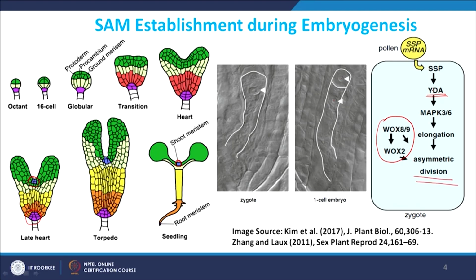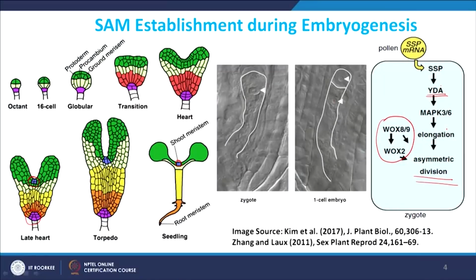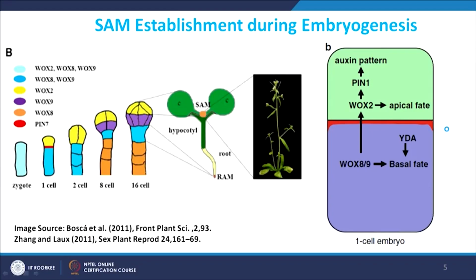Interestingly, this pathway is activated by SSP messenger RNA, which is transmitted from the pollen. So the first step of shoot apical meristem initiation, or even the first stage of embryogenesis, begins with activating these two pathways, and later on they play a very important role.